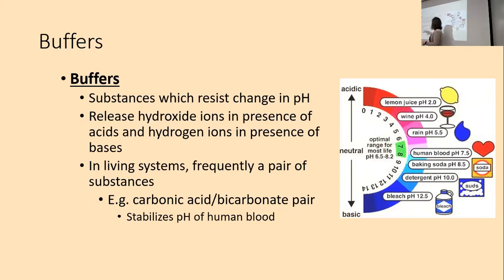They tend to occur in pairs, like carbonic acid and bicarbonate pairs that stabilize the pH, for example, in your blood. Acidosis in your blood is real bad. You don't want that. So there are things in your blood already that, if your blood starts to become too acidic, bring it back to neutral. Buffers help bring acids and bases closer to a neutral pH.